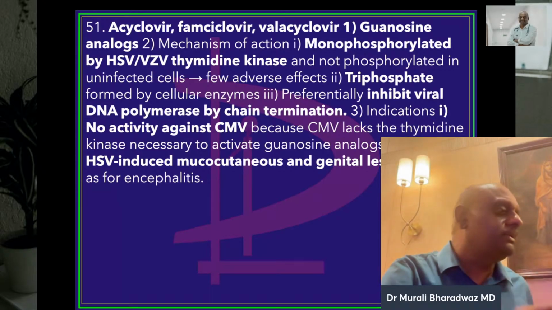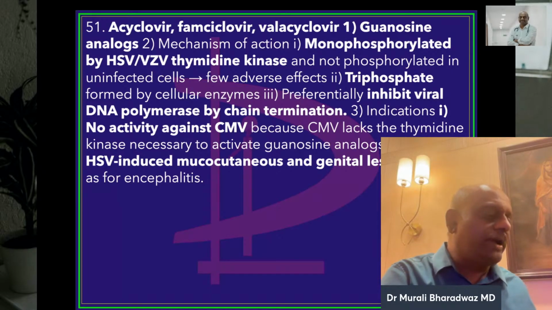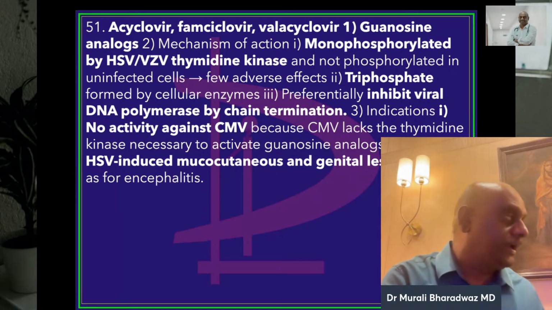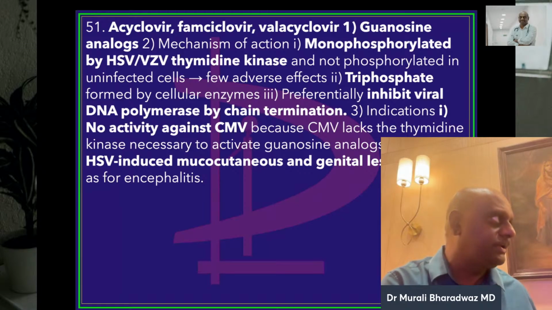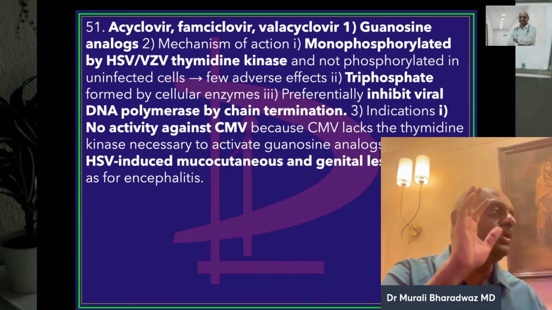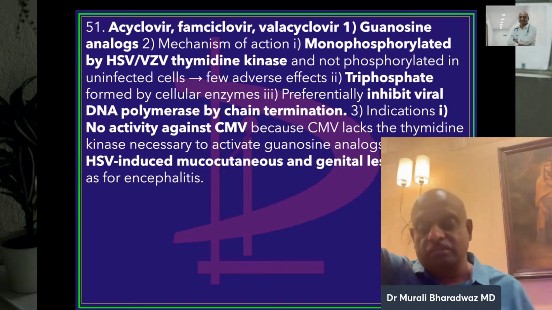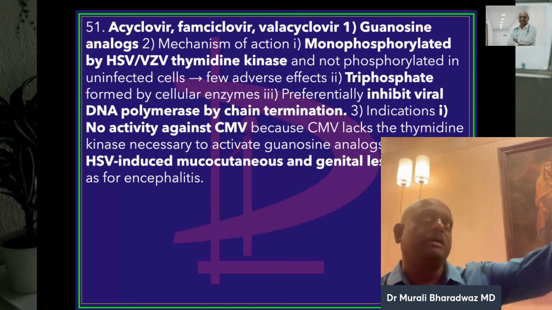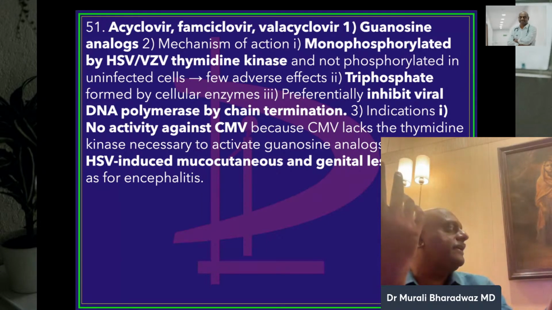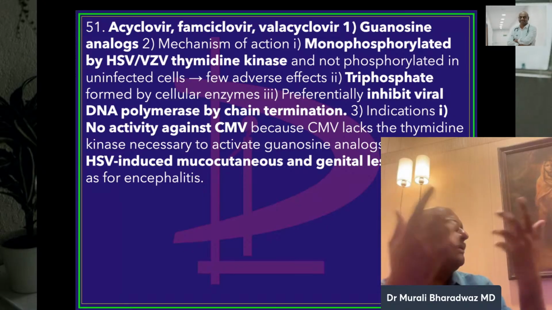After some time, the virus will get intelligence. Amma, this bloody acyclovir, famciclovir is using my kinase and becoming monophosphorylated. So let us not monophosphorylate the acyclovir, and then resistance builds. Apdi no more effective. Acyclovir cannot be used.